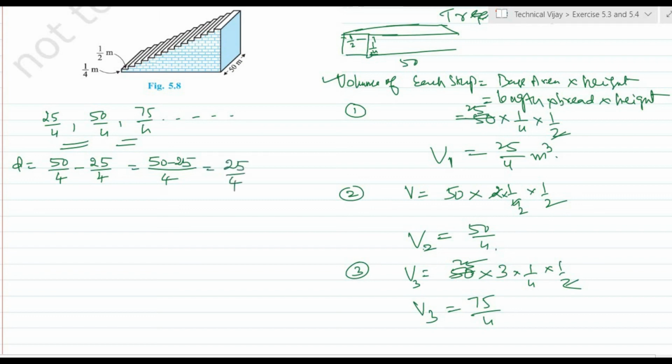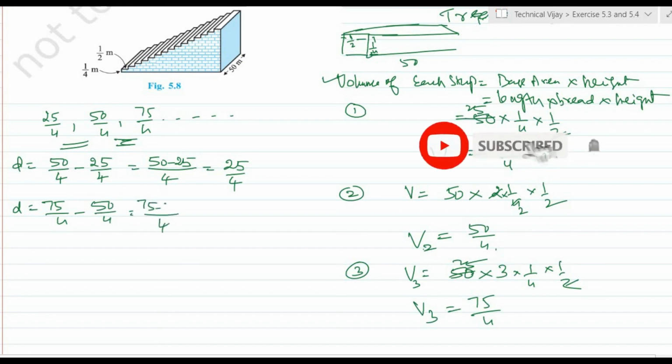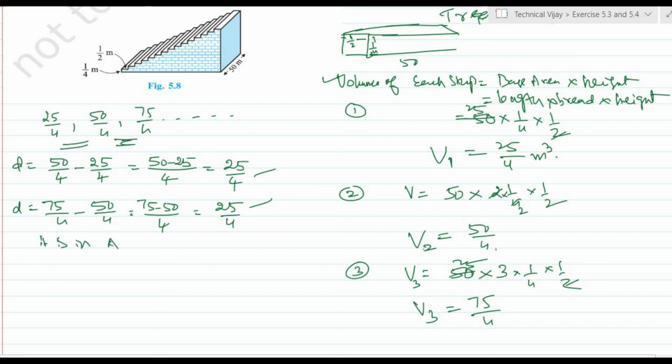Now D is equal to 75 by 4 minus 50 by 4, which is 75 minus 50, also equal to 25 by 4. So D is the same. D is constant, which means it is in AP.